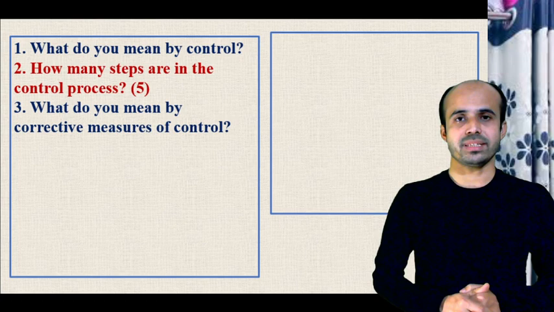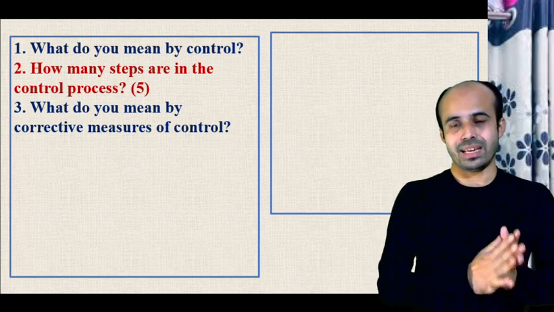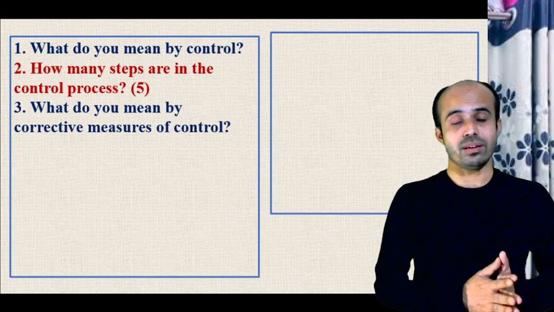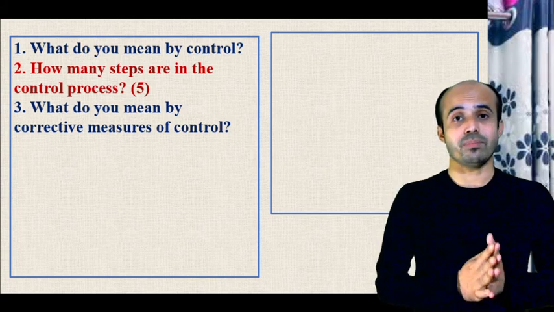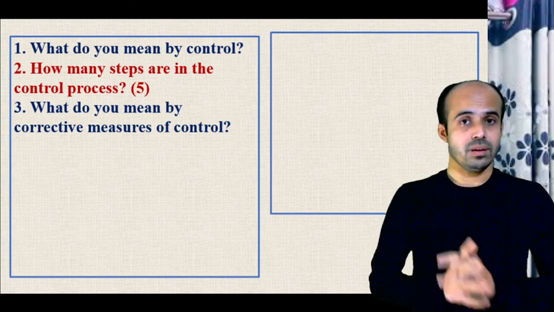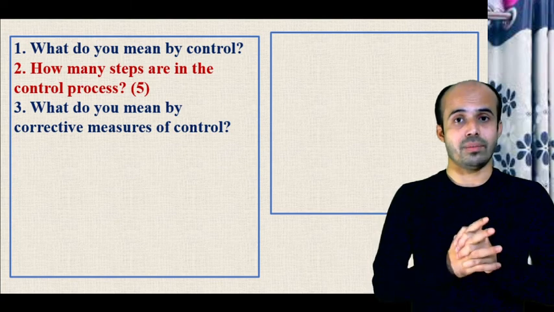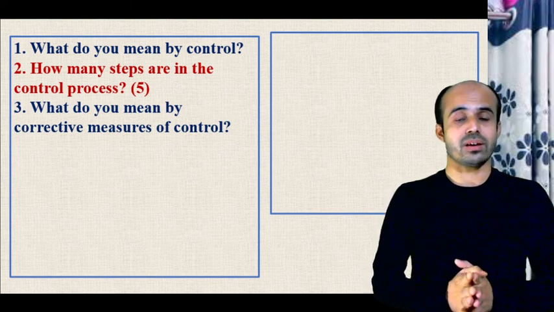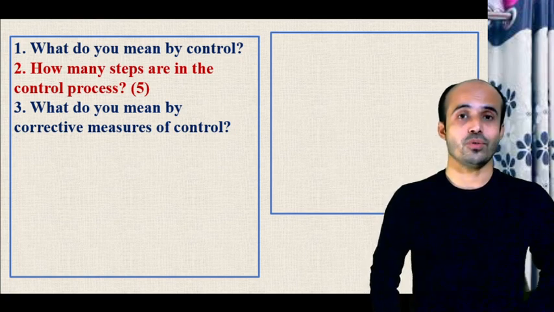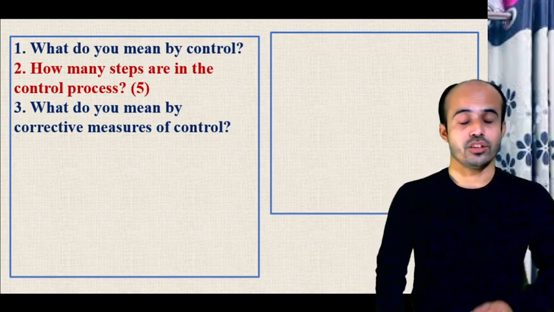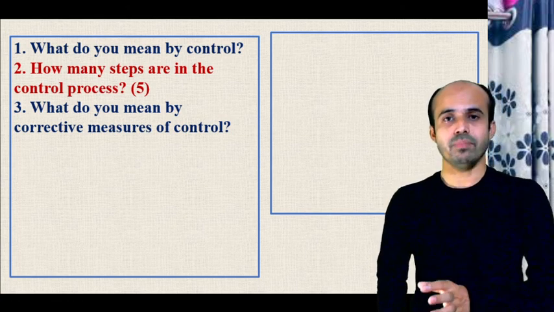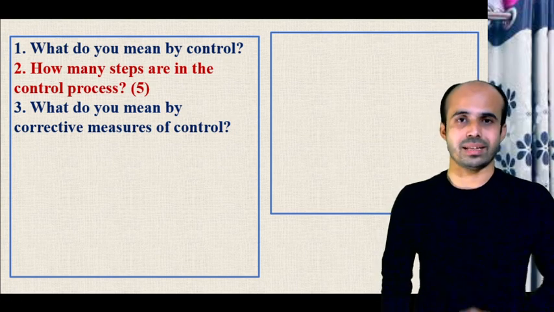In the process, whatever deviation happens in the work must be brought in line with the standard, and that is done with the help of corrective measures. So to meet the deviation we have to take some measure, which is called the corrective measure.